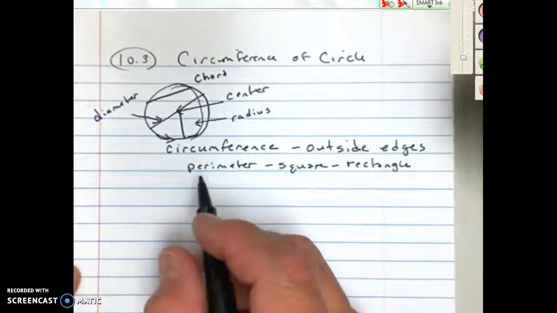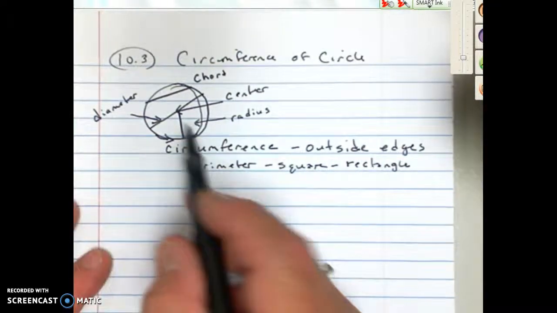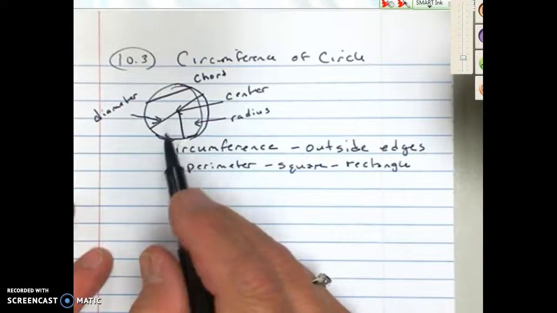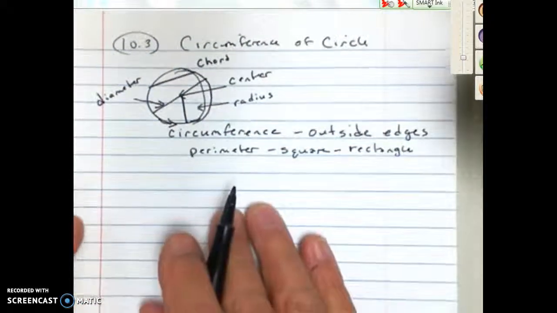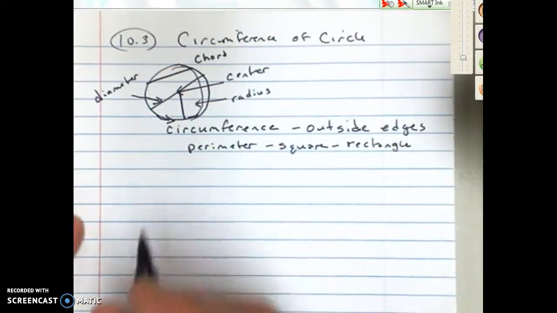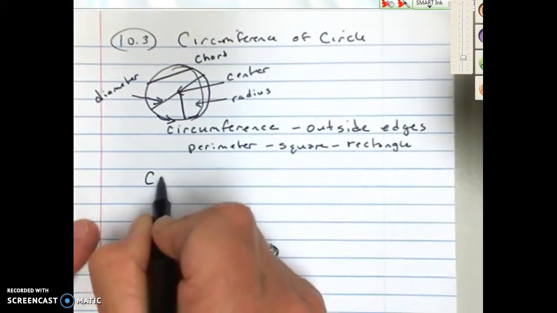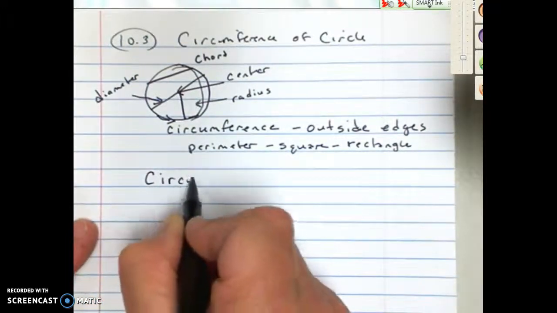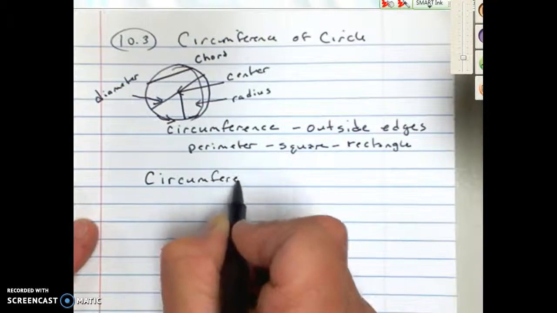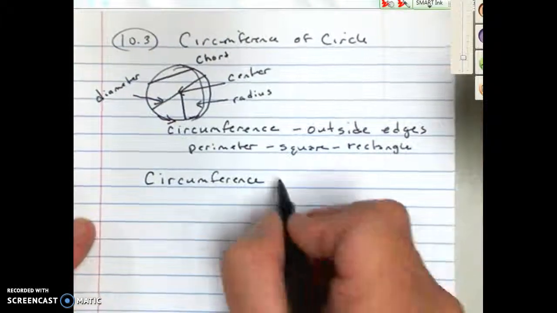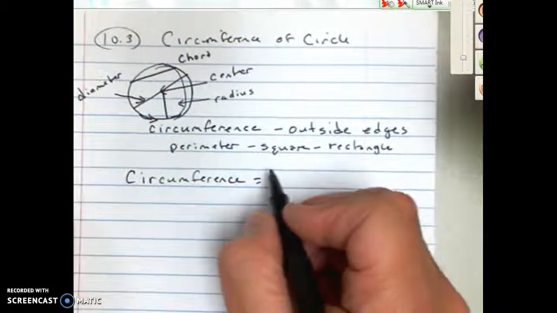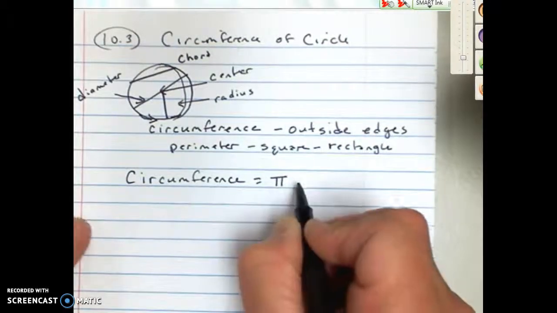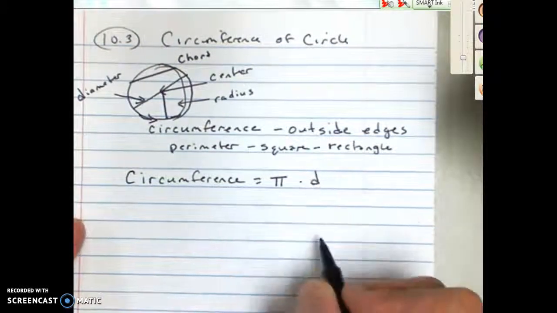Let's go through and do a couple of examples. First of all, we're going to write down our formula, how we figure this out. To calculate the circumference of a circle, we take this formula. Circumference is equal to pi times diameter.